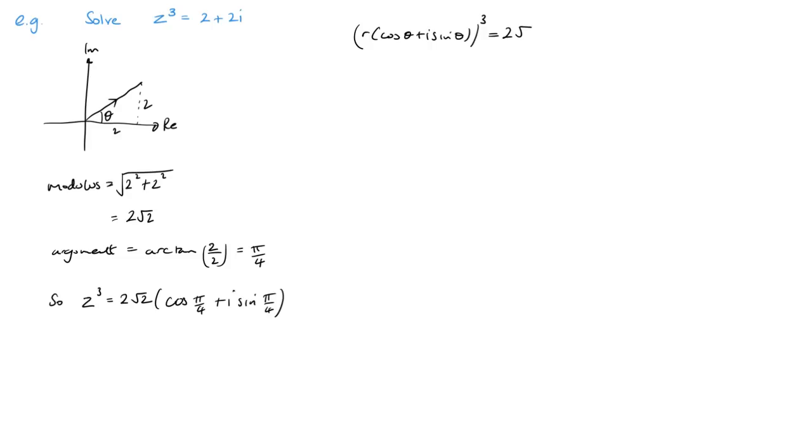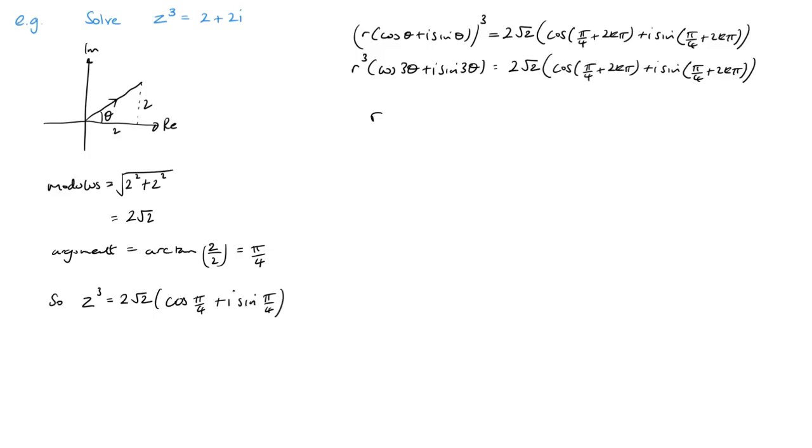And then let's write the right hand side in its general form. So that's going to be pi by 4 plus 2k pi for the angles, so i sine pi by 4 plus 2k pi. Now using de Moivre's theorem on the left, we get r cubed cos 3 theta plus i sine 3 theta equals 2 root 2, and the rest of this stays the same.